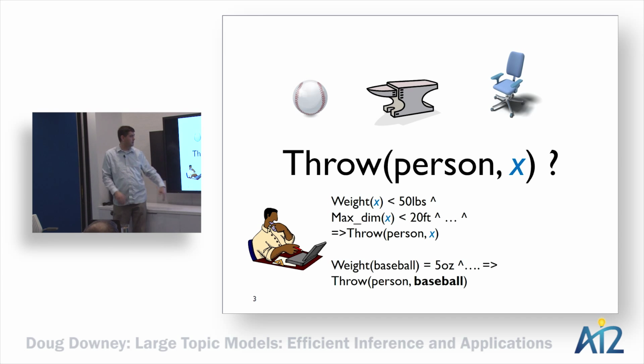It has to be a relatively localized thing. And if all these conditions are met on a thing X, then we say a person can throw it. And if we have a knowledge base with enough knowledge about objects, then we could conclude a baseball can be thrown.